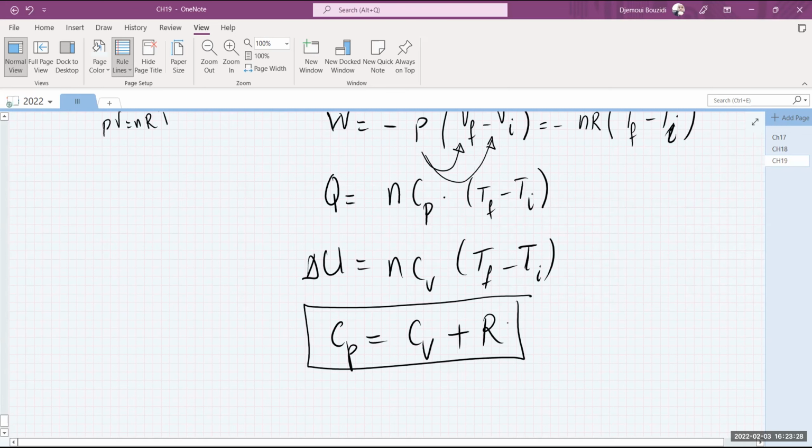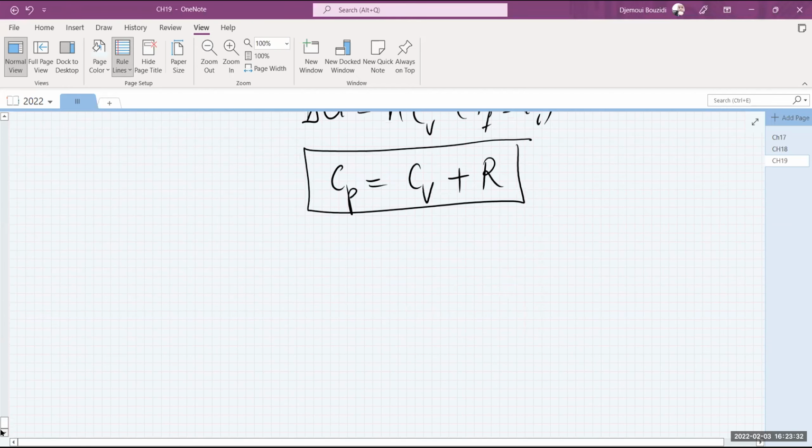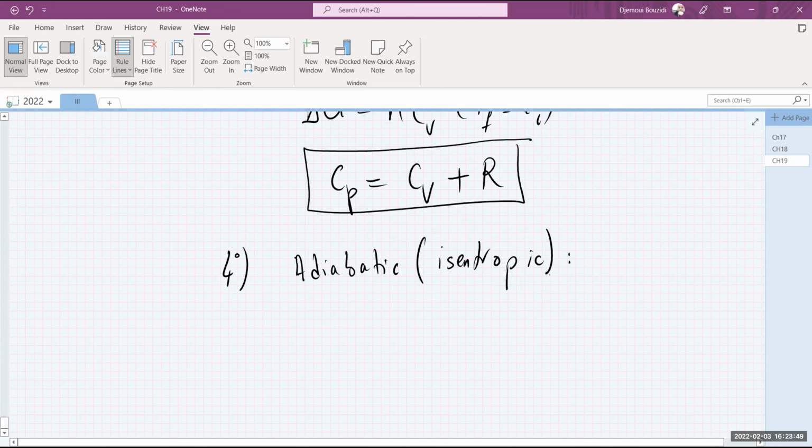Okay. The final process that we identified, and that required a little bit of calculus for us to get its properties, is an adiabatic process, always actually referred to as an isentropic process. And we will see why that is the case, okay?